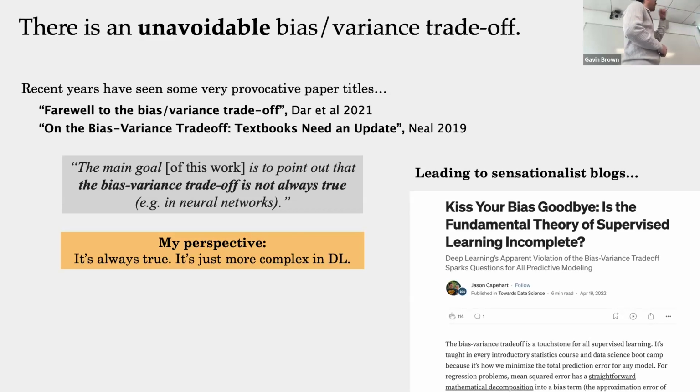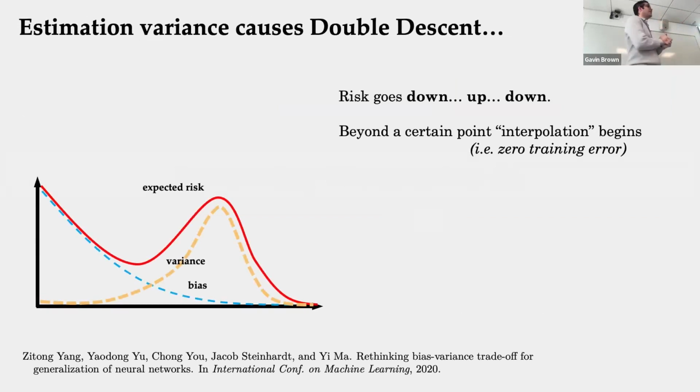So, there are lots of these claims. The biggest claim that is made is that this trade-off doesn't occur, and as was just said, it's because deep learning seems to violate this. The main reason people talk about this is the observed phenomenon called double descent. As has been observed now, since 2018 or so, many times in lots of different scenarios, when you increase the complexity of a model or train it for very long periods, the performance gets better and better, so the risk goes down, and then it starts to rise.